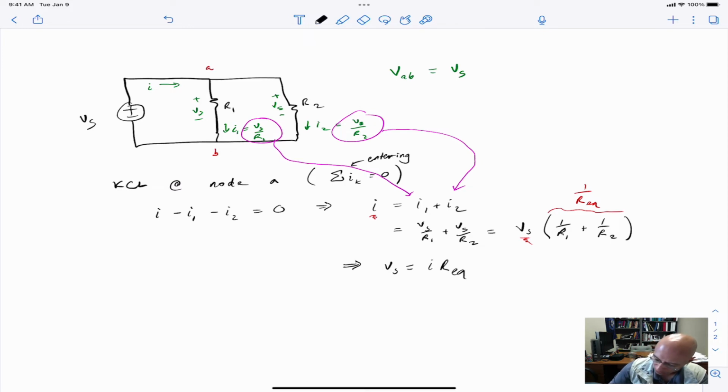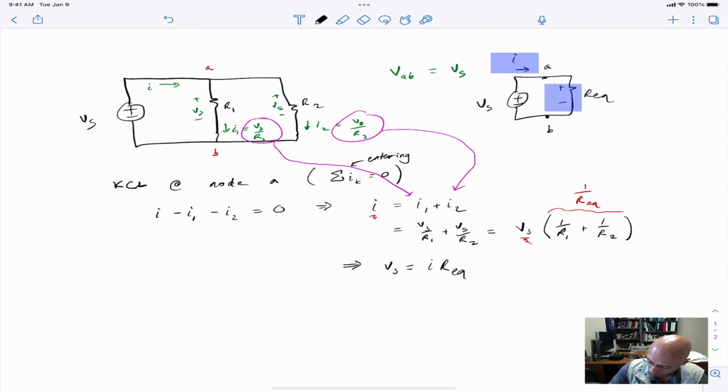So our equivalent circuit looks like this. And now it's clear that we can figure out what the current is because we know the voltage across that equivalent resistor, right? Because Vs is still the voltage from node A to B in both of the circuits.